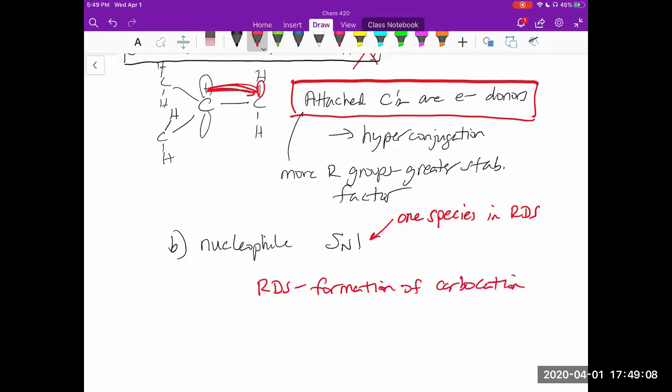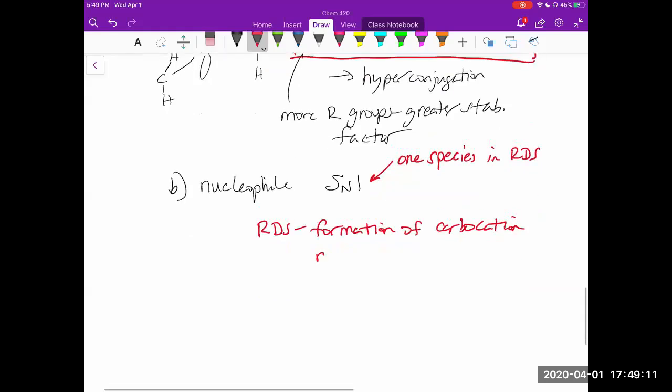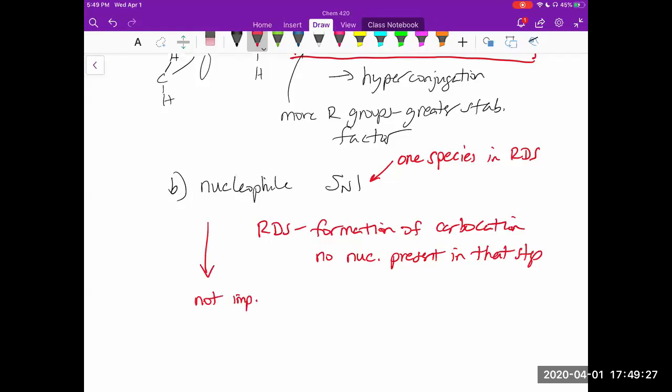And that happens without the nucleophile. There is no nucleophile present in that step. So the nucleophile is not important in SN1. Now that's for kinetics, right? Because we're talking about the rate determining step, the slowest step, and whatnot. The nucleophile doesn't figure officially in the rate law.